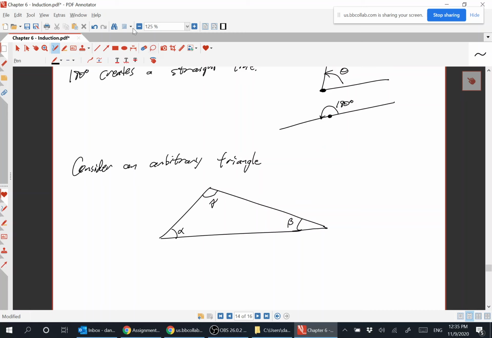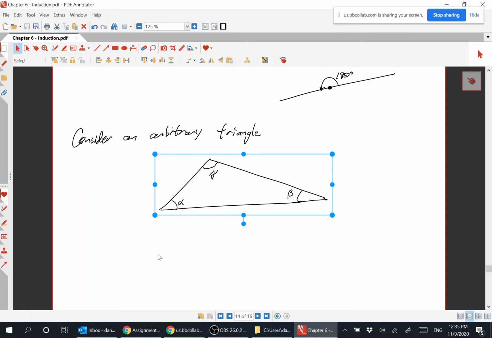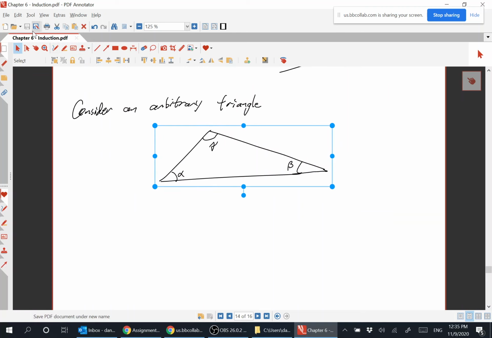So there are some assumptions we're going to have to make here. The assumptions are this stuff about parallel lines cut by a transversal, that they create several angles of the same measure. So consider an arbitrary triangle like that.